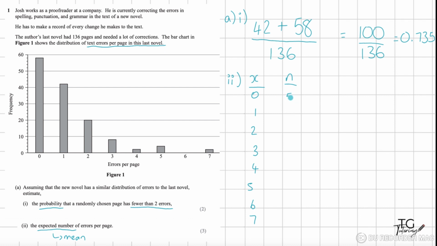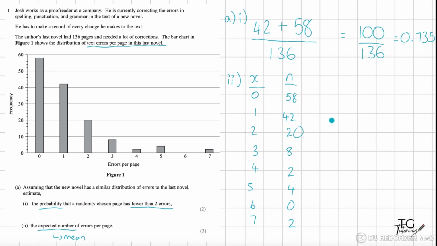So 58 pages had 0 errors, 42 pages had 1 error, 20 pages had 2 errors, approximately 8 pages had 3 errors, about 2 pages had 4 errors, about 4 pages had 5 errors, 0 for 6 and 2 for 7.